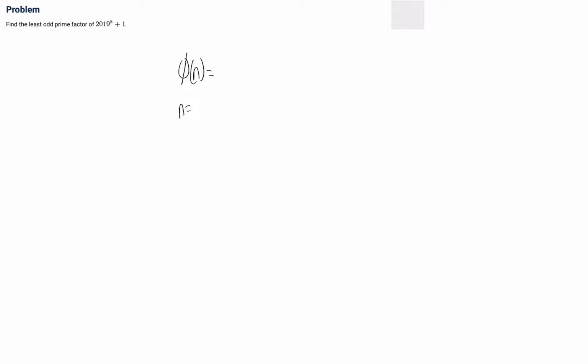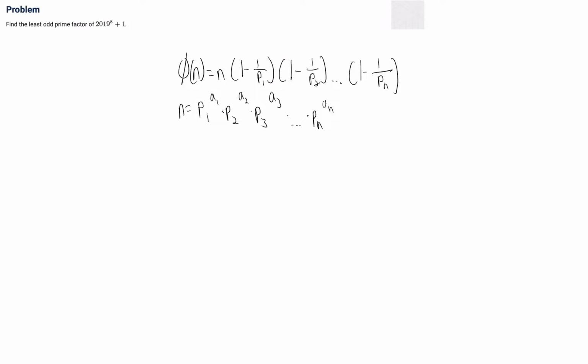Let's say n is p1^a1 times p2^a2 times p3^a3, and so on, all the way to pn^an. Phi of n is just going to be n times (1 minus 1 over p1) times (1 minus 1 over p2) times dot dot dot times (1 minus 1 over pn). Note that the exponents don't matter.